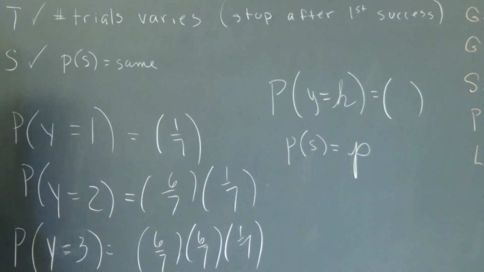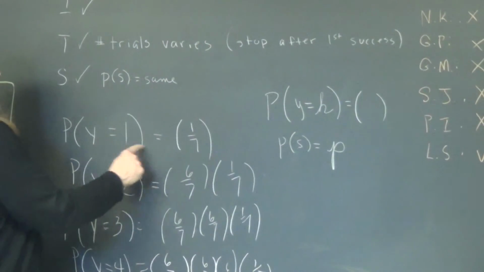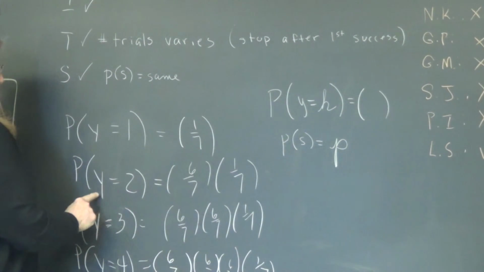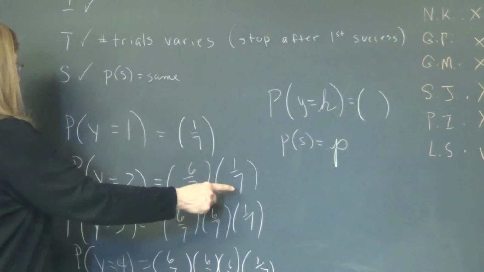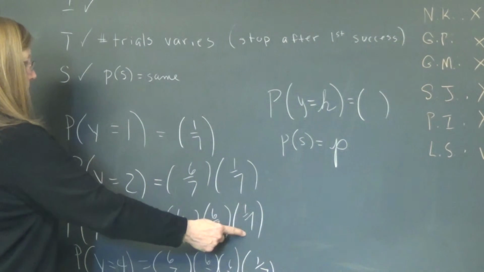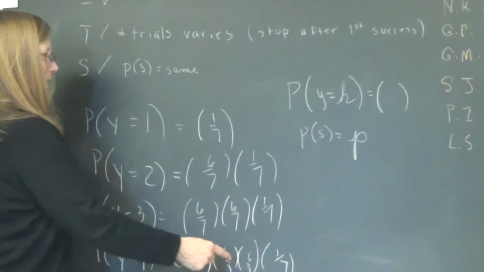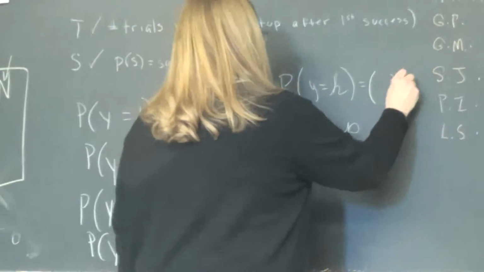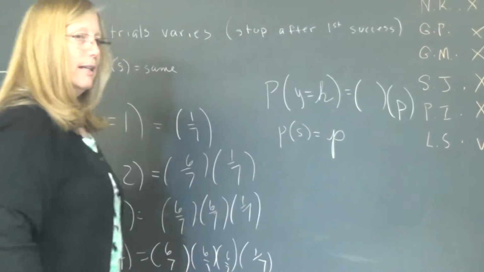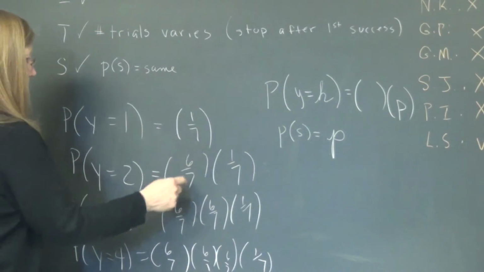What did we do when Y equals 1? This was p, right? How many p's were there when Y equals 2? Just 1. How many p's when Y equals 3? 1. So we're always getting two things multiplied together. We're always getting one p there. What are we always getting in the front?